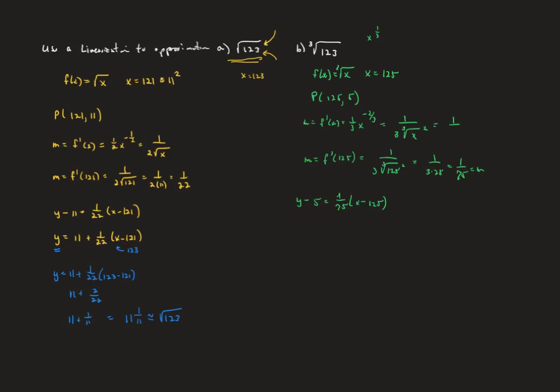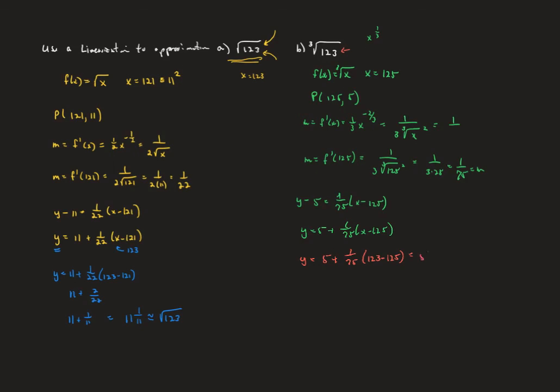Now maybe I'll add the 5 over first. Y is 5 plus 1/75 times x minus 125. We want to evaluate this at 123, so our approximation is going to be 5 plus 1/75 times 123 minus 125.